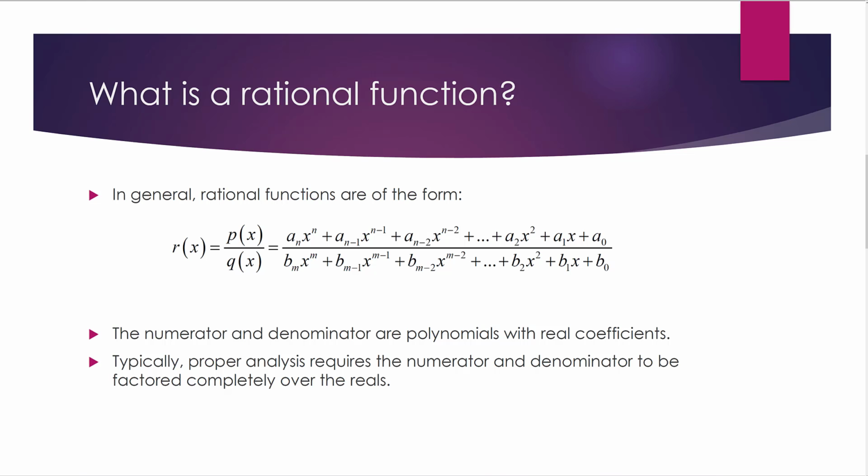So for example, it's important that you be able to recognize the leading coefficient of both the numerator and the denominator polynomials, and so that's one of the reasons that we put that generic up there, because we use the notation a sub n and b sub m to represent the numerator and denominator leading coefficients respectively, and likewise the constant terms and the degrees and everything like that, right?